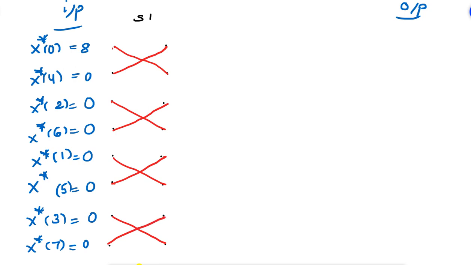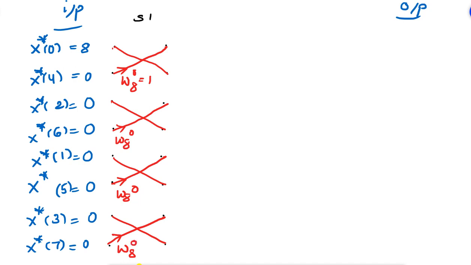The twiddle factor in stage 1 is W8 to the power of 0, and its value is equal to 1.